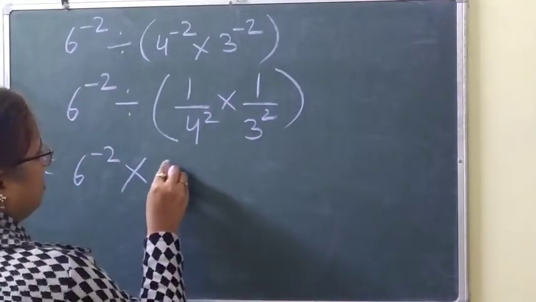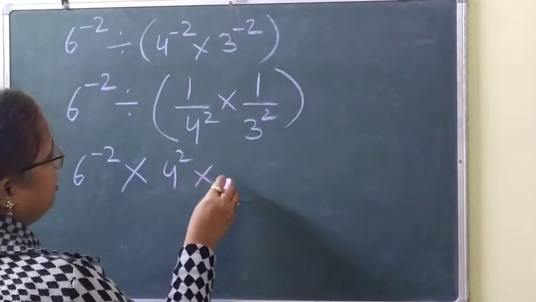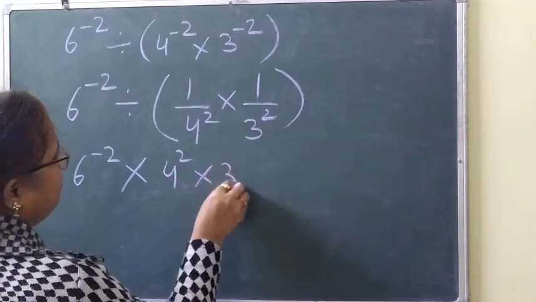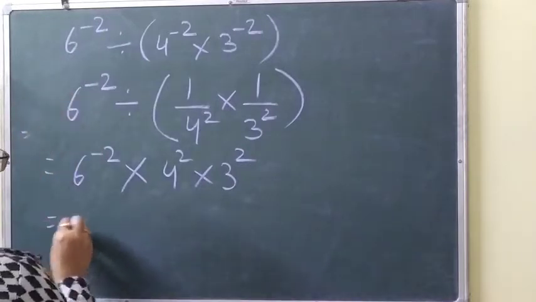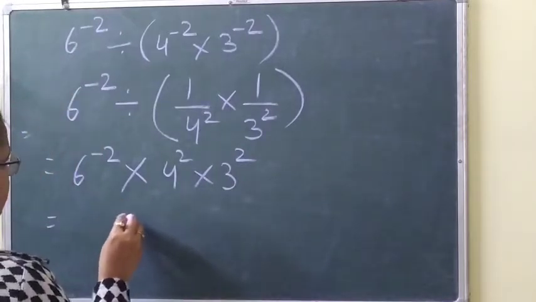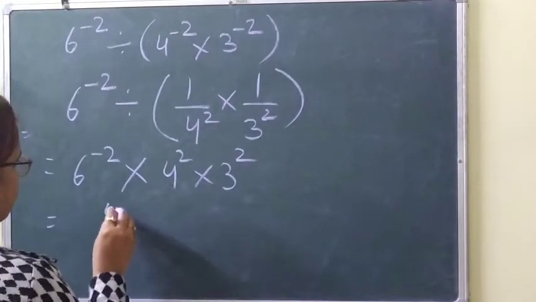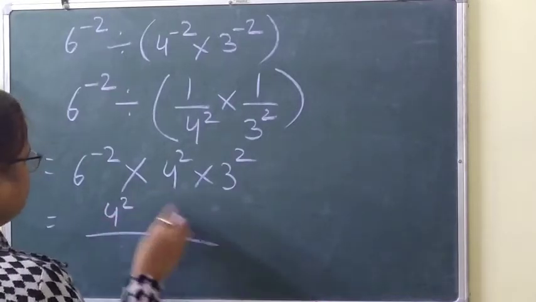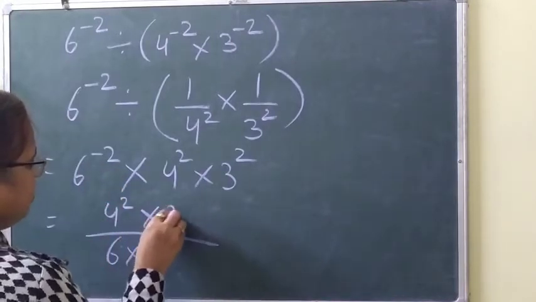So here it will be 4 square into 3 square. This 6 will come down, so 6 into 6, then 3 square.